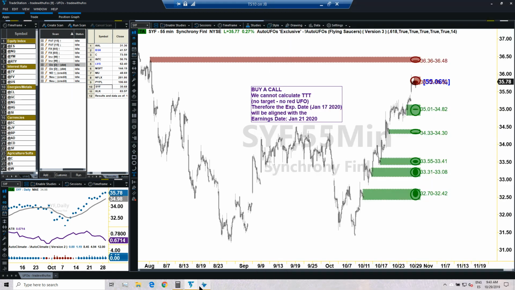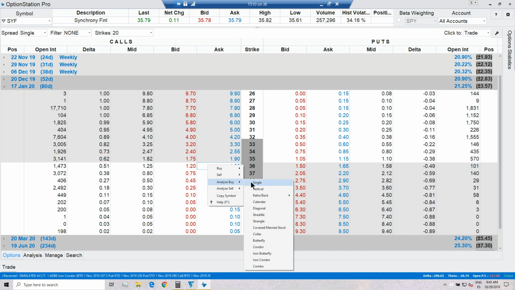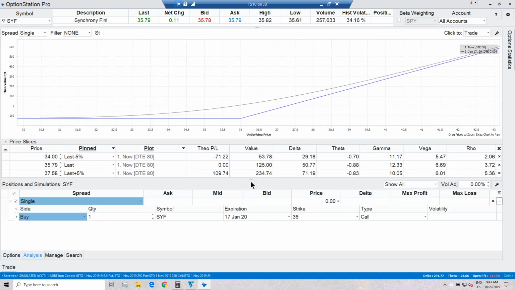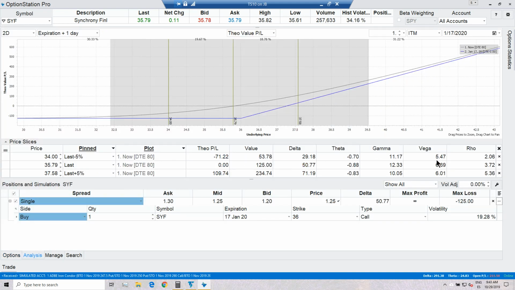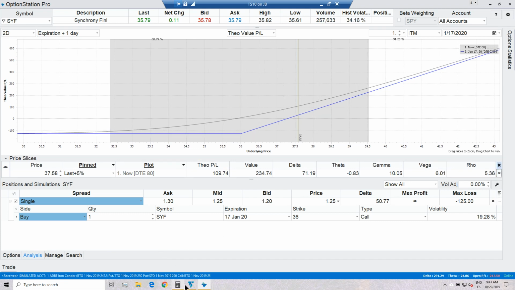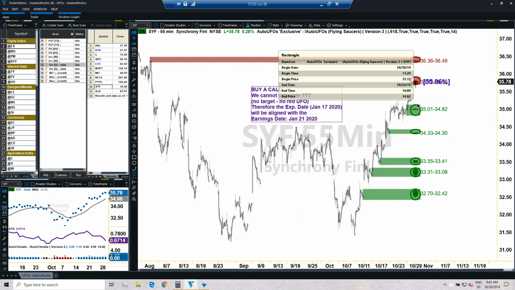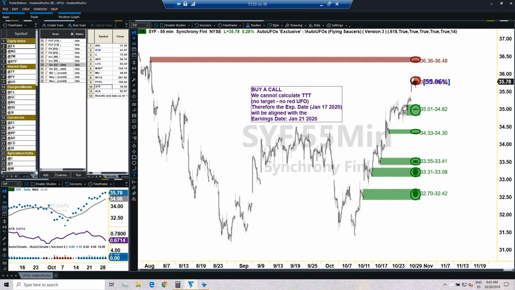The way we're going to decide on that will be to first pick any call. So right click, analyze and buy a single option, which is a call, because I clicked on the left, which is the call side. The moment I got this, I'm going to remove all my price slices and only input the one that corresponds with the entry, which is the top portion of the UFO, which is 35.12.